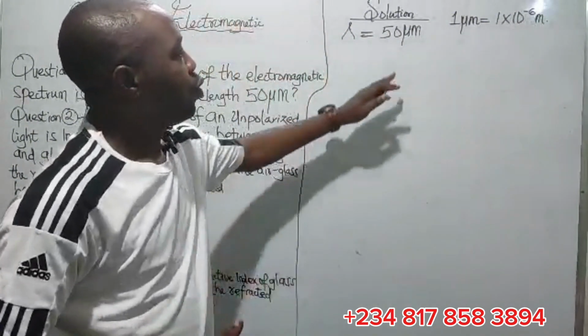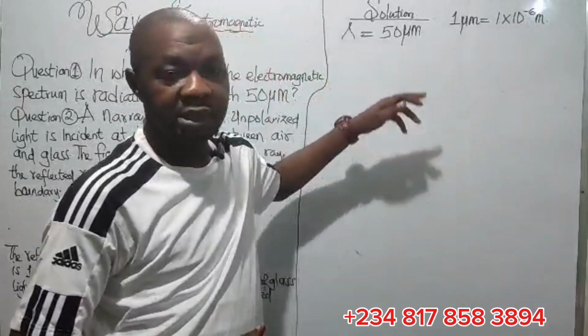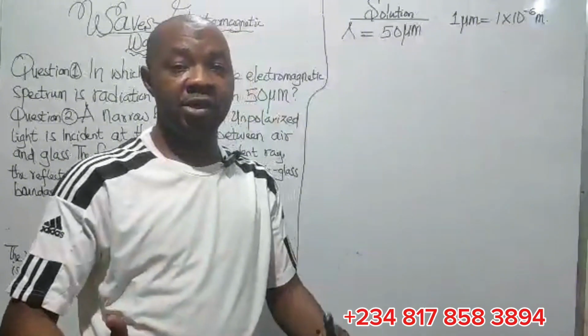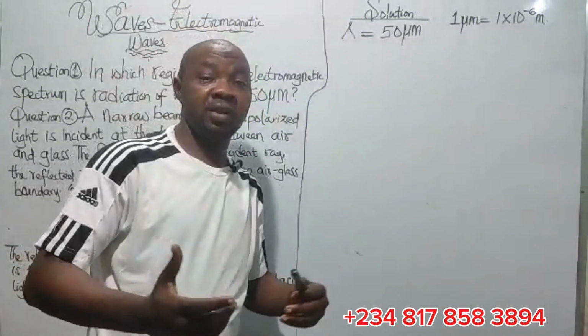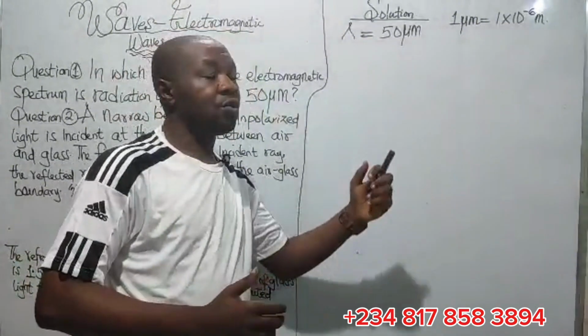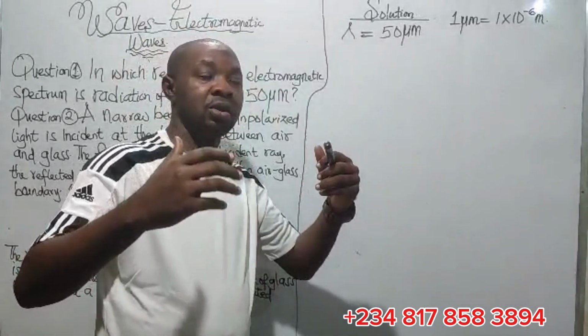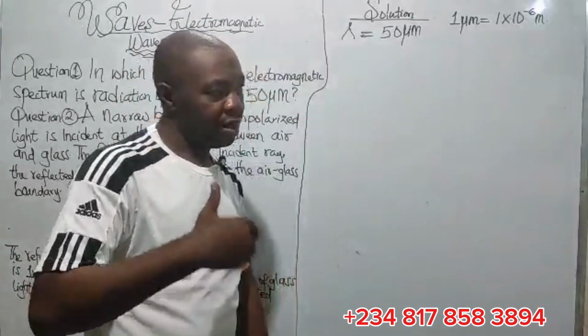When we have symbols like this in physics, they are called prefixes. Commonly used prefixes in physics include micro, milli, tera, giga and many others.